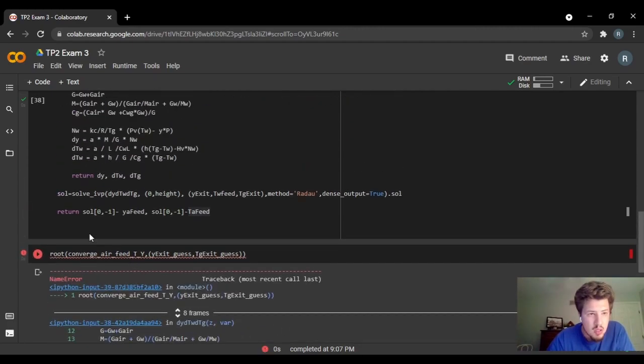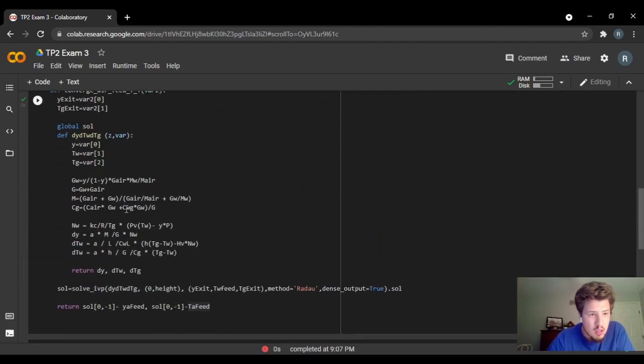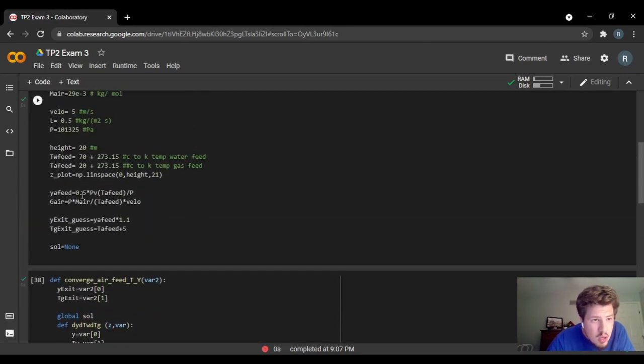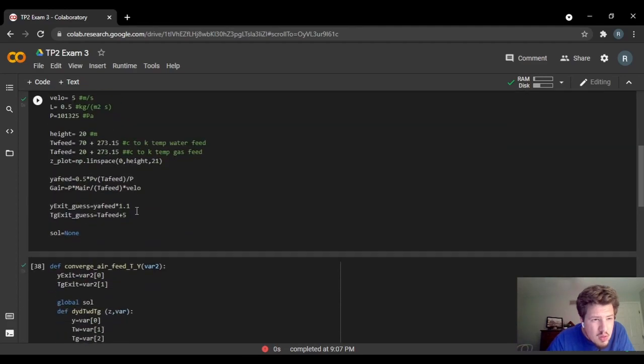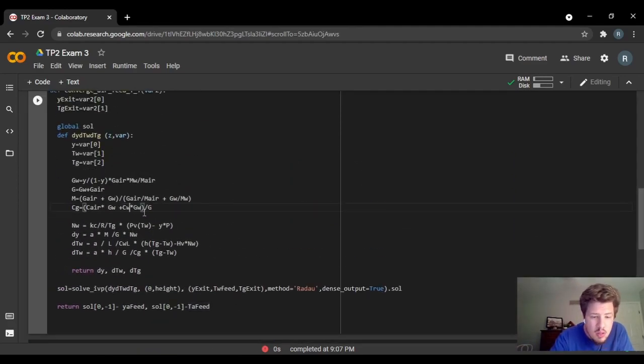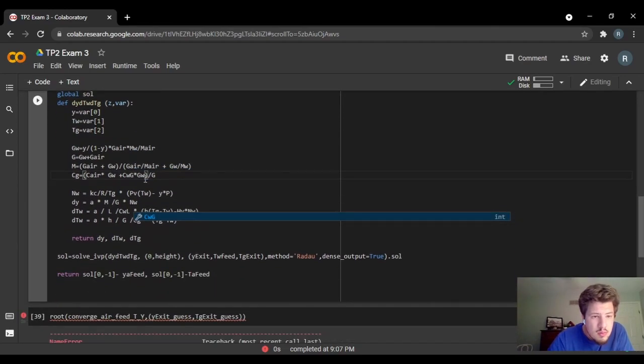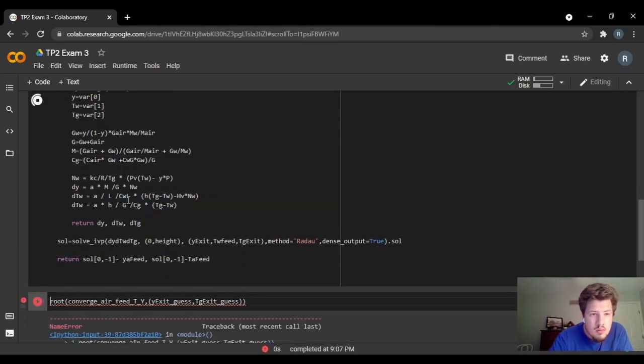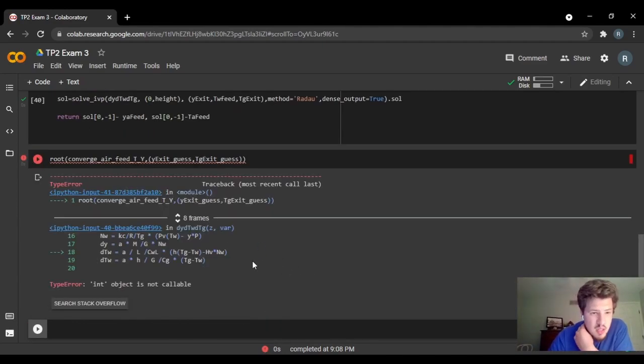Nope. CWG not defined. I mean capital G. Man, just stupid syntax.